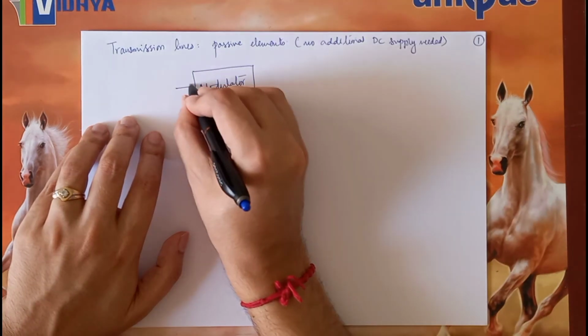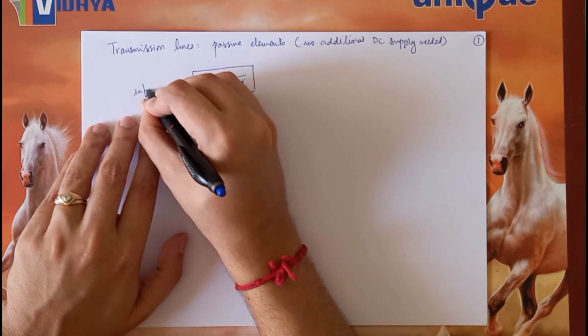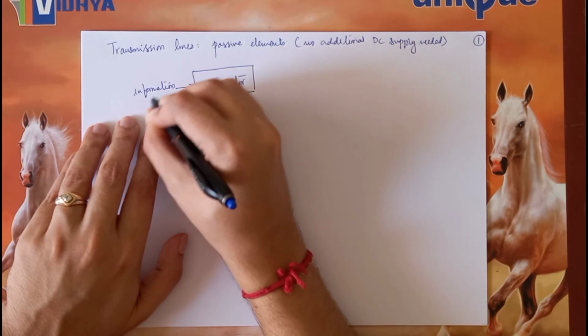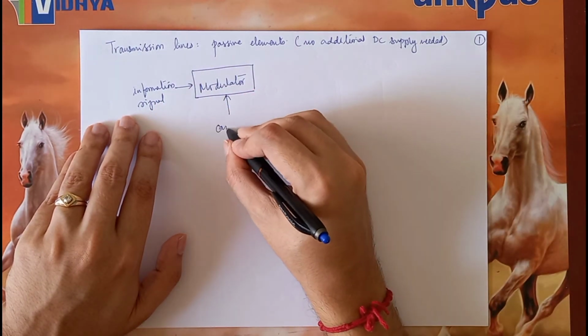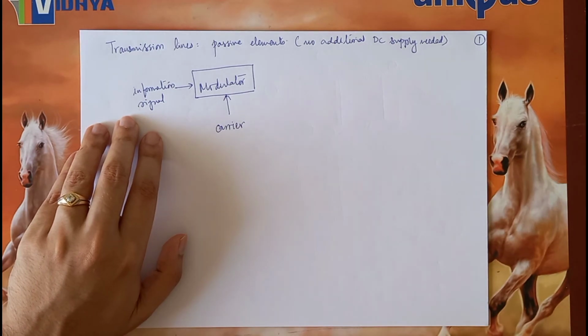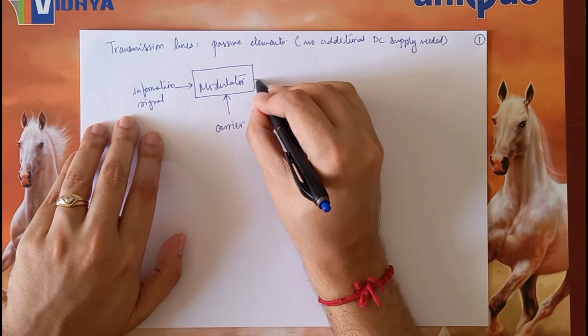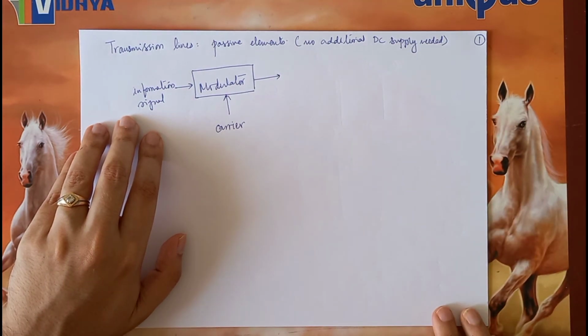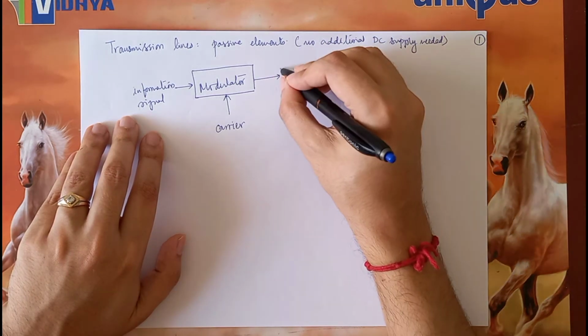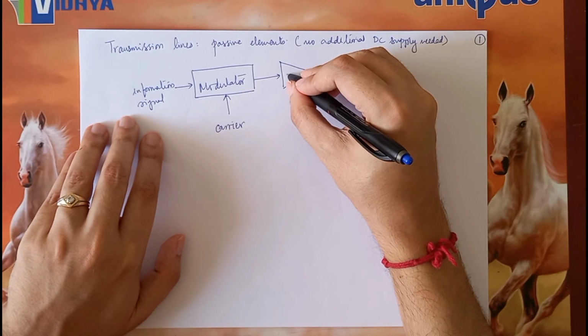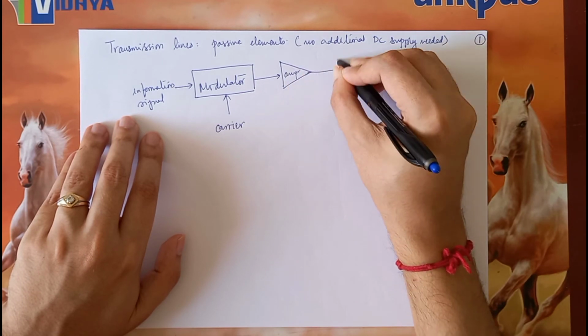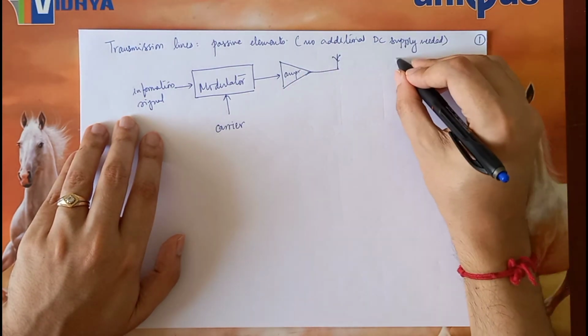So if I have my information signal, I combine it with a carrier, and then this forms a new signal which is to be sent or transmitted. So therefore, what we have over here is an amplifier. And finally, we have an antenna. This is a transmitter.